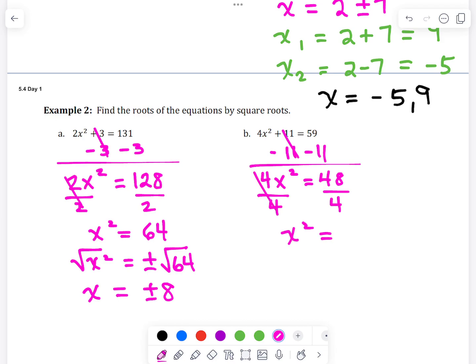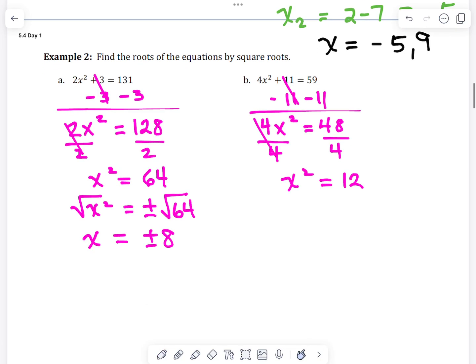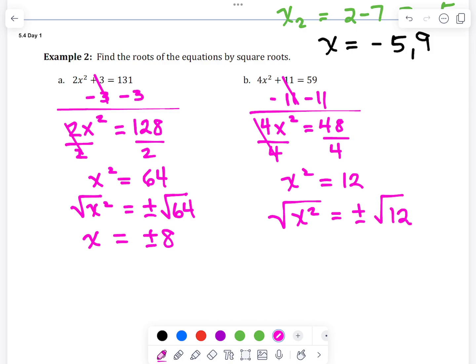And then we simplify. 48 divided by 4 is 12. Now we can apply the square root property. So we take the square root of both sides. And then we simplify. The square root of x squared is x.